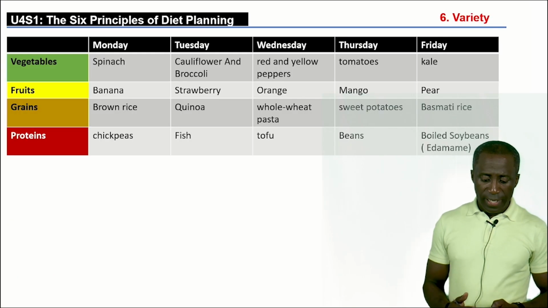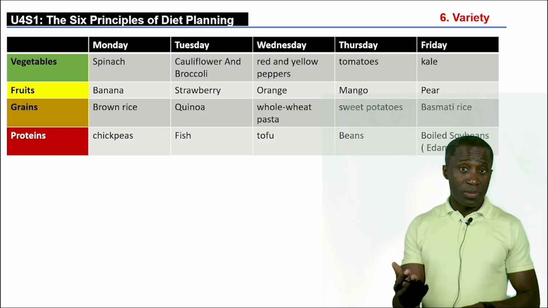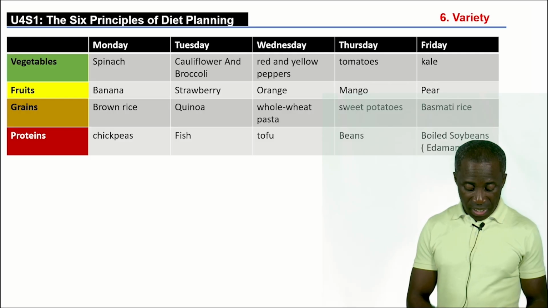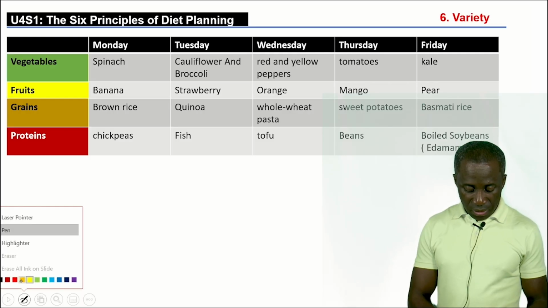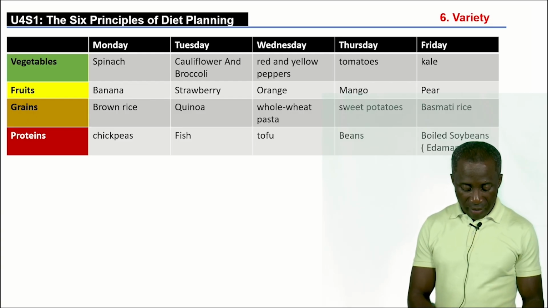So let's look here. I'm giving you an example. You remember the food groups, right? So what do we have here? We have vegetables, as we mentioned earlier. And what else do we have? We have the fruits, we have the grains, and we have the protein. But what do we have to look at here?